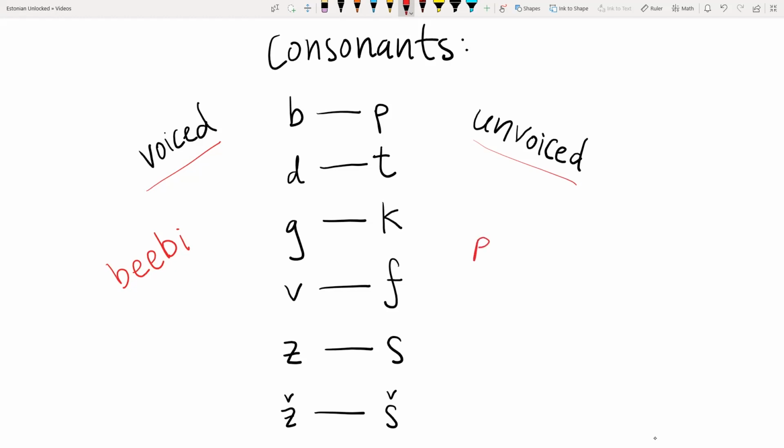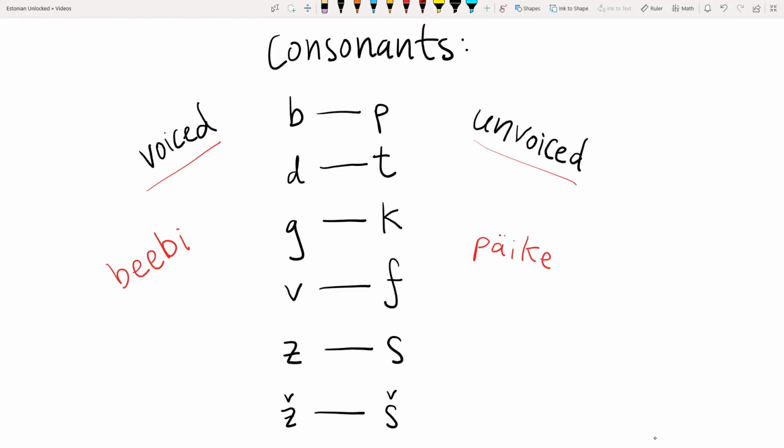If we say paika in Estonian for sun, P is unvoiced, paika. We go straight to the I, paika. But either way, when we say them, our mouth does the same thing. Baby, paika, b. Our mouth does the same thing.